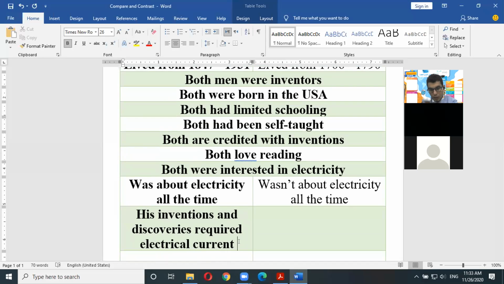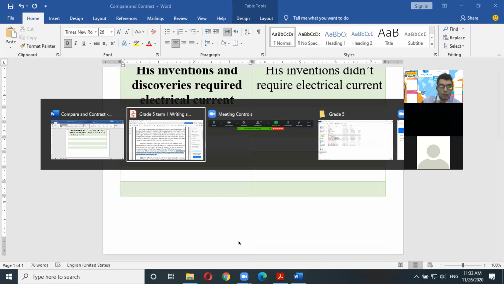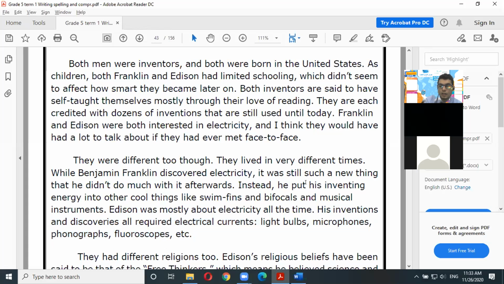But here, his inventions, light bulbs. Now with Benjamin, did it require electrical current? No, it didn't. Very good. That's another difference. Amazing. Thank you very much for that, Yassine.